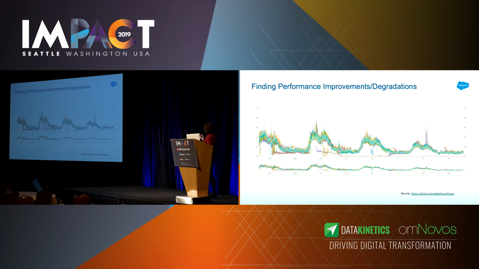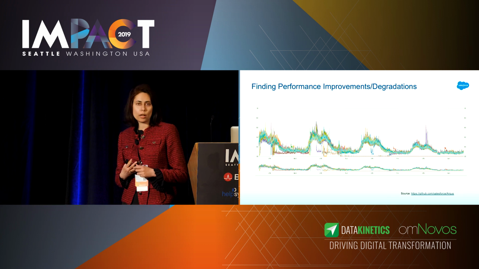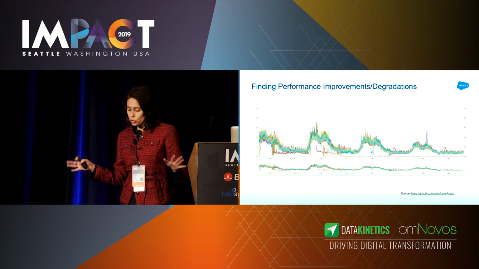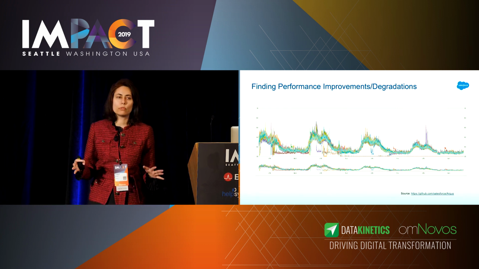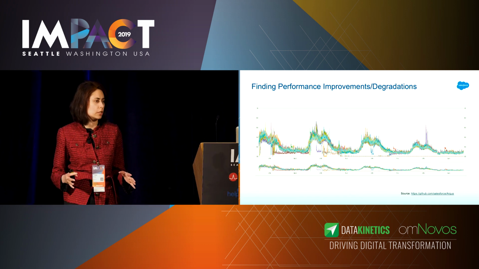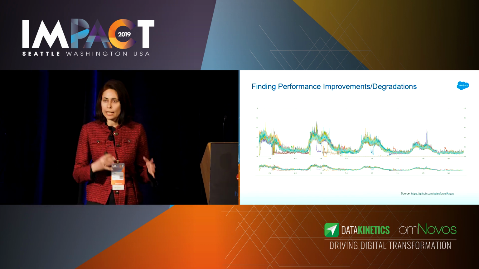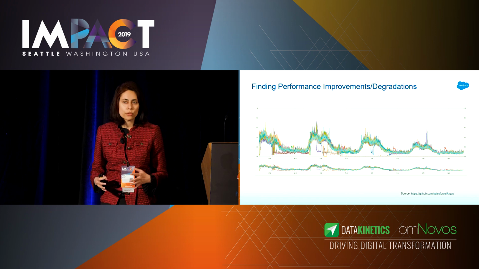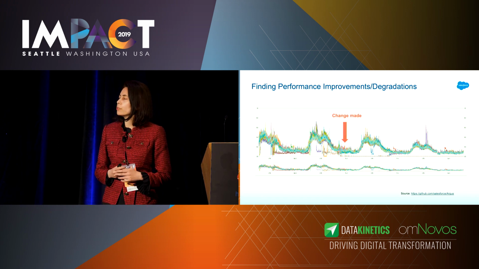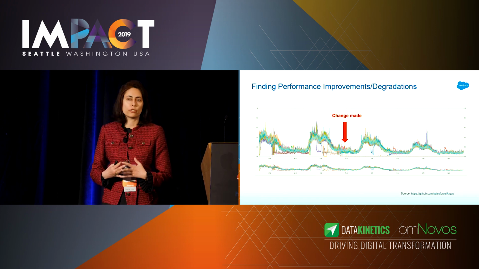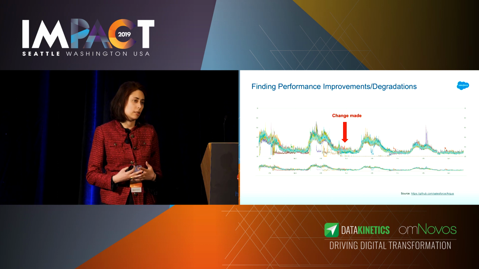So this is the CPU usage chart for one of our pods. And let's just assume that we found a really critical performance issue. And we identified that, we tried to resolve it, and then we introduced some new code into the system Wednesday night.